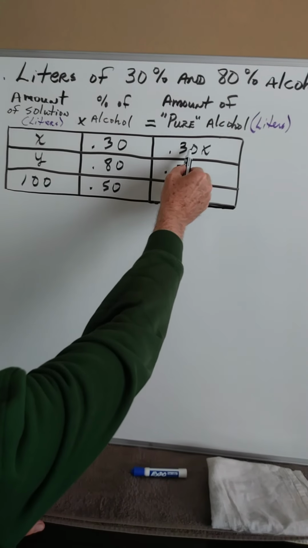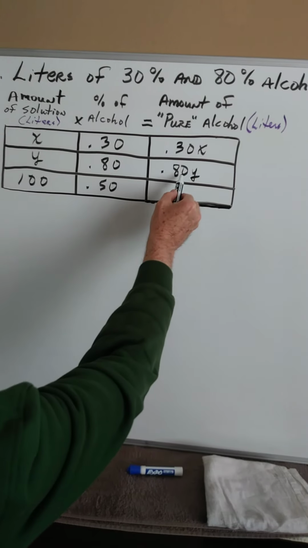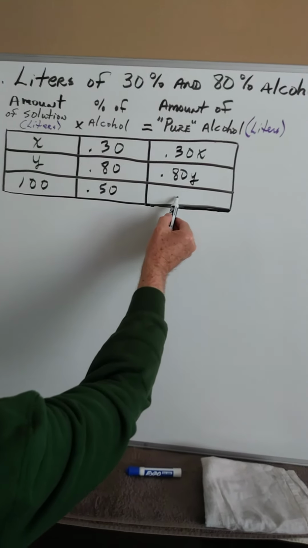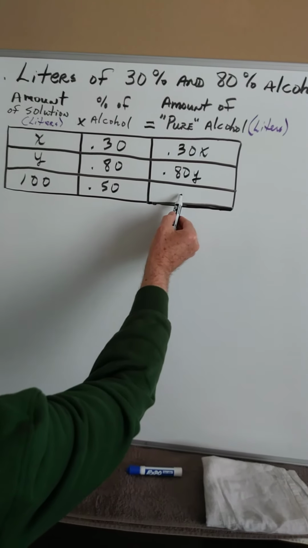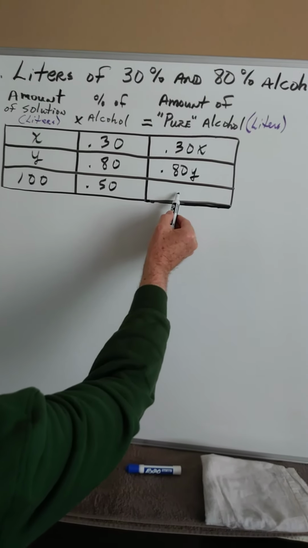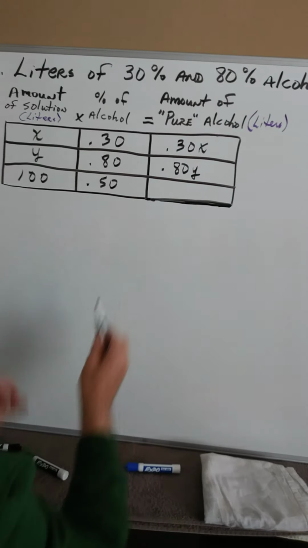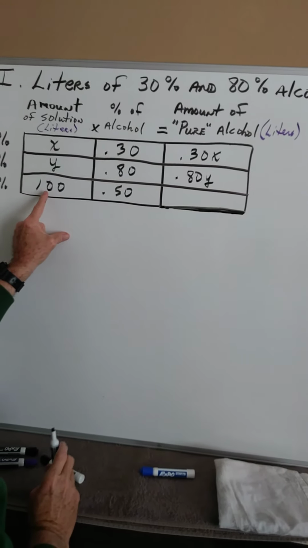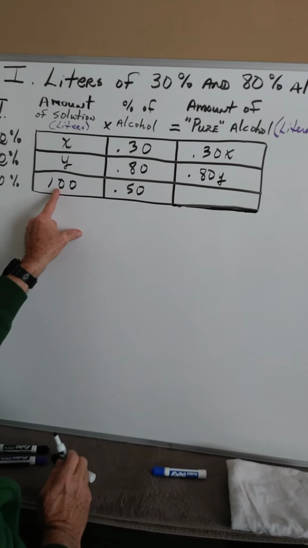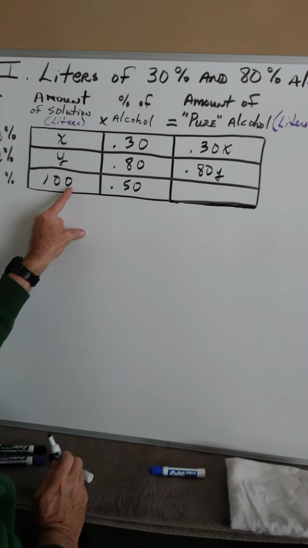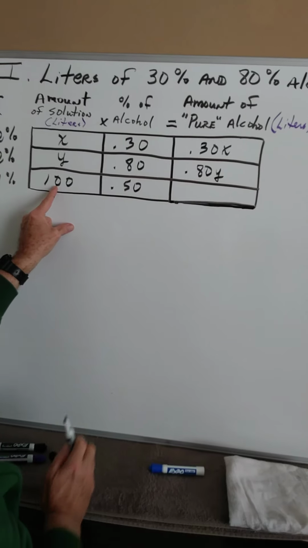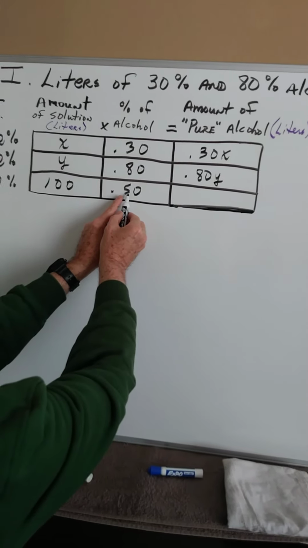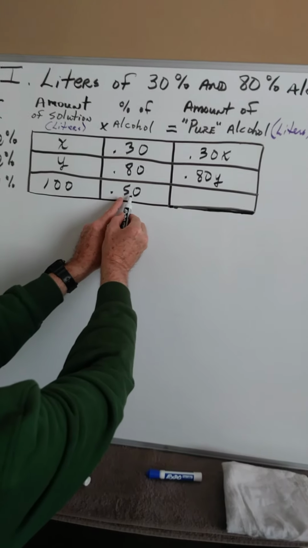This is liters of pure alcohol, more liters of pure alcohol, and in this last box, this is going to represent the total amount of pure alcohol, because in this final row, we're taking the amount of solution, 100 liters is what Joe needs, and he wants those 100 liters to be at a strength of 50%, 0.50.